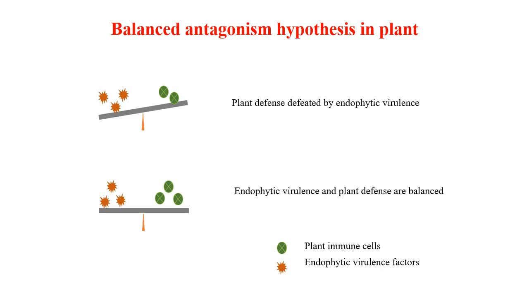If the endophytic virulence and the plant defense mechanism are balanced, the association between endophytes and their host plants will maintain a balanced antagonism. If the plant defense mechanism is defeated by the endophytic virulence factors, the association will turn into a negative interaction, that is a plant pathogen relationship, and thus lead to plant disease.